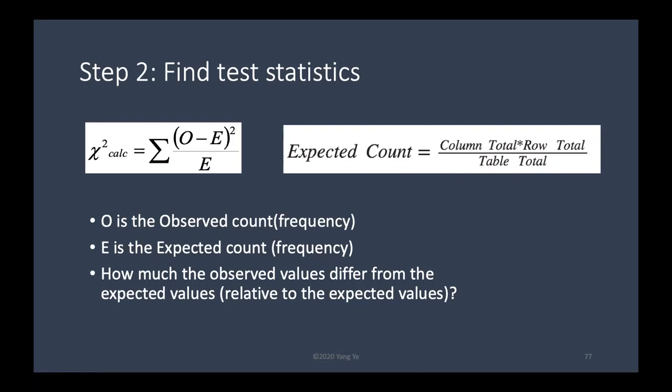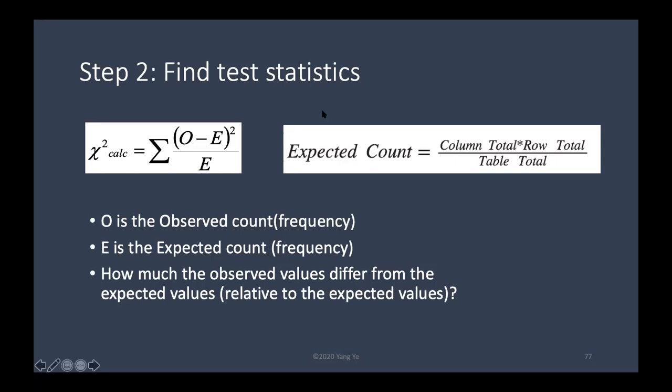The chi-square is the sum over all cells of the observed count minus the expected count, squared, divided by the expected count. But basically, it just says how much the observed values differ from the expected values.